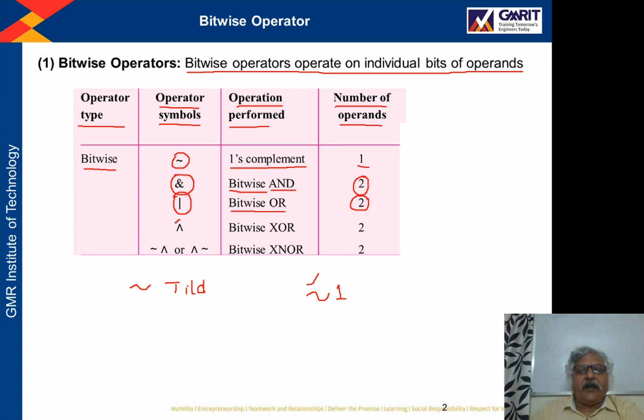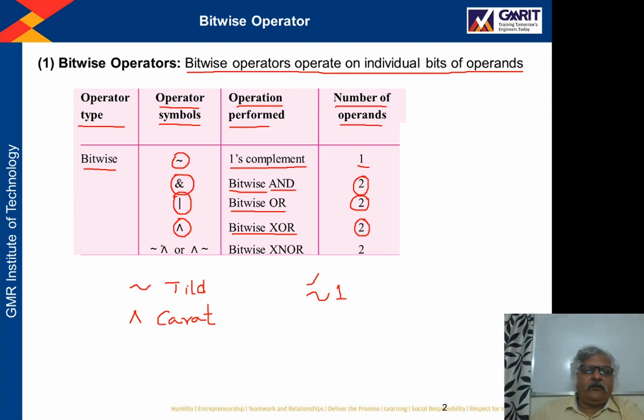Then this cap type of symbol, which you can find on your keyboard, is called caret, or cap. This caret performs the bitwise XOR operation, and for this also 2 operands are required.